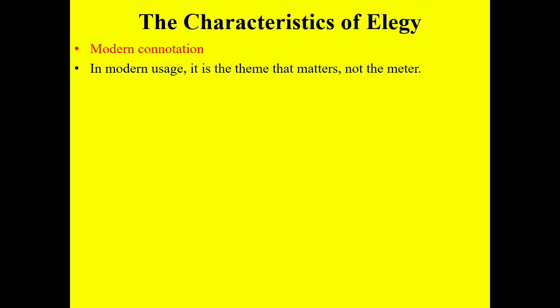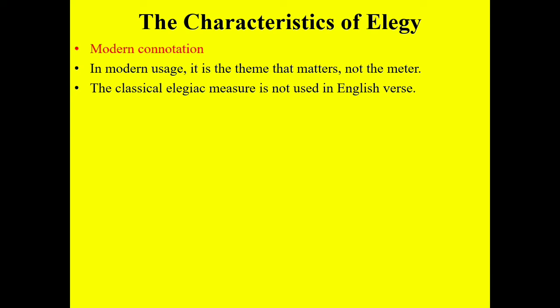It is opposite to the classical elegy, where the structure of the poem or the meter was given importance. But for modern elegy, it is the theme that matters, but not the meter. You need to remember that point.